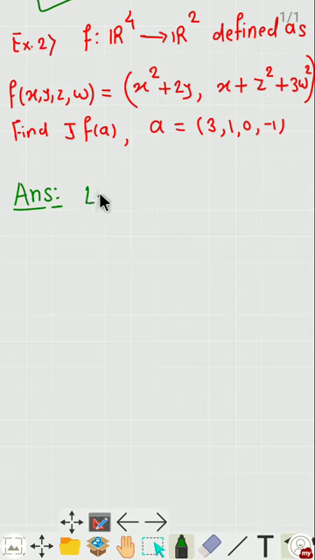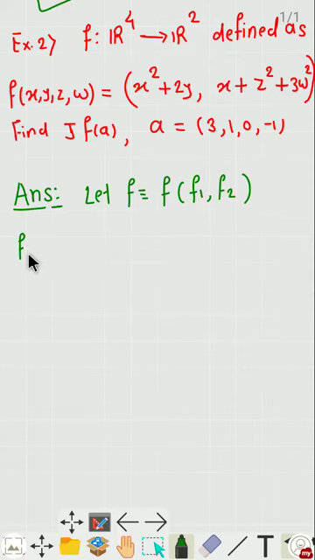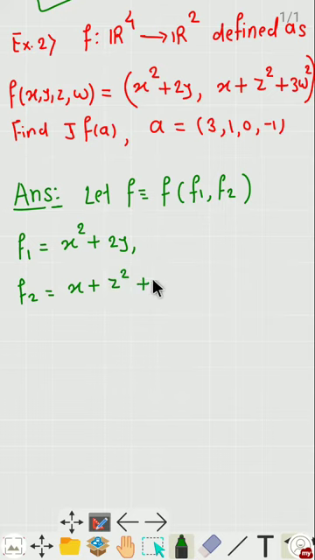Let f be the function f = (f1, f2), where f1 is equal to x squared plus 2y, and the f2 function is equal to x plus z squared plus 3 times w squared, and point A is given, it is (3, 1, 0, -1). Okay, this is a point in R4.